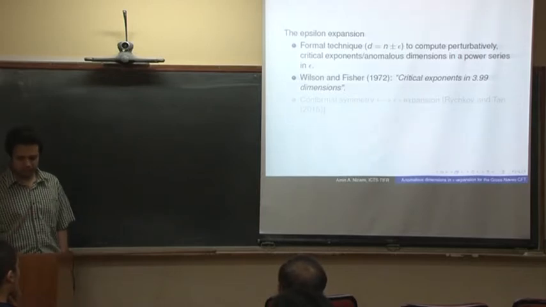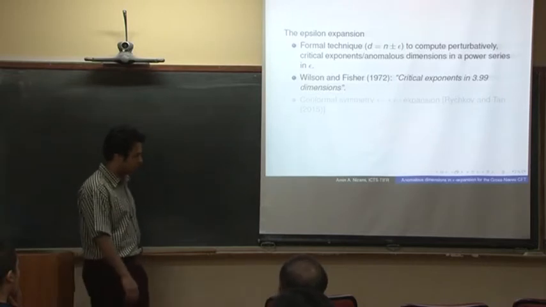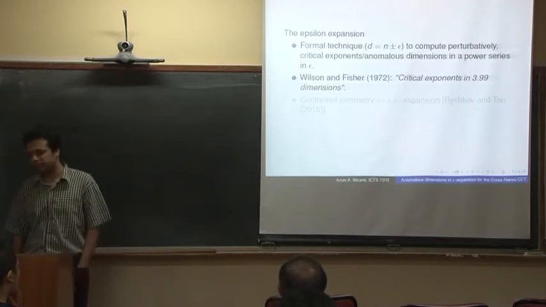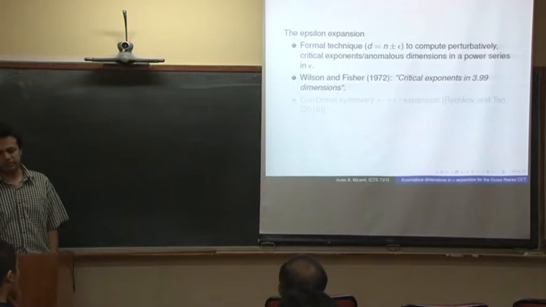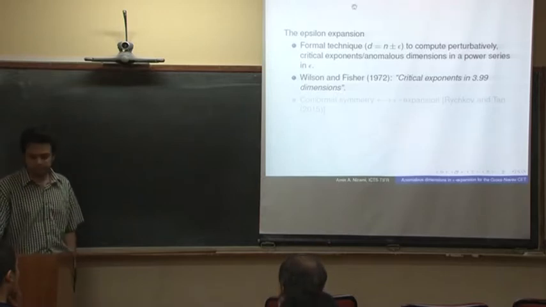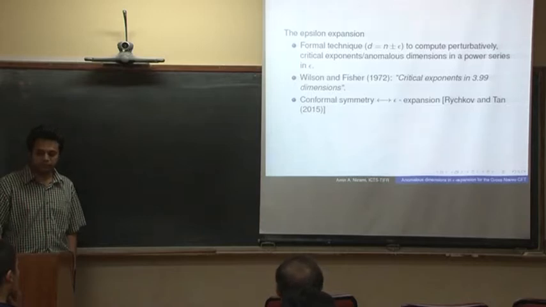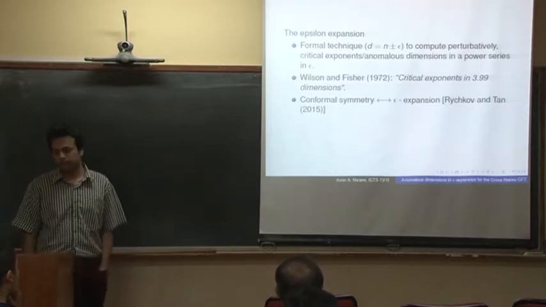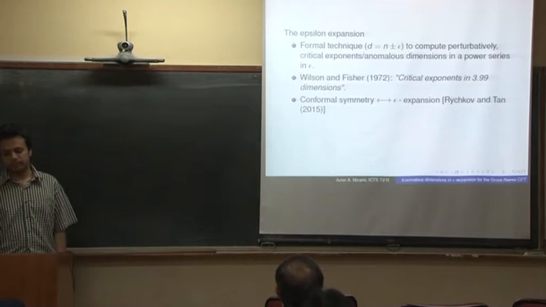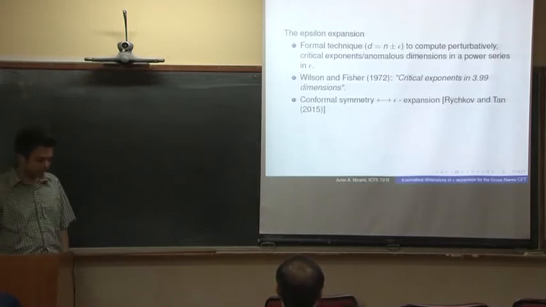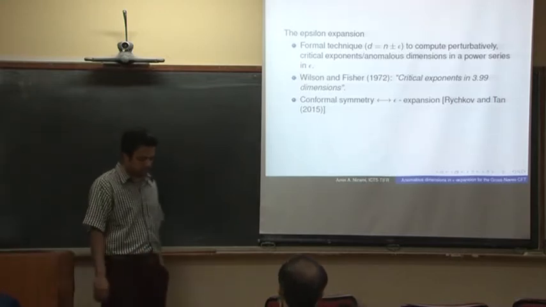In particular, for phi^4 theory in 4 minus epsilon dimensions, the anomalous dimensions of various operators were discussed. So what we will be discussing in this talk will be the epsilon expansion in conjunction with conformal symmetry.